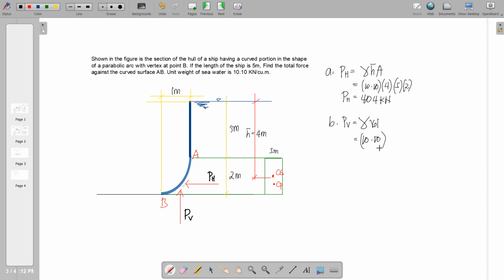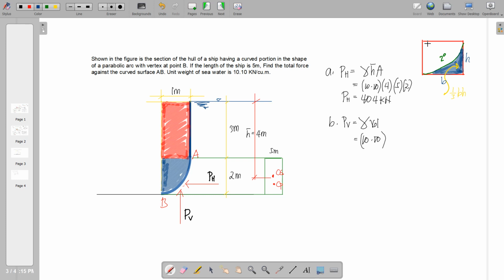Say we have 10.10 as our gamma, and the volume is a composite area of a rectangle and a parabolic segment. So for a parabolic segment, if we have a rectangle here and the parabolic curve here, this is second degree, the area of this region is 1/3 base times height, if this is our base and this will be our height.